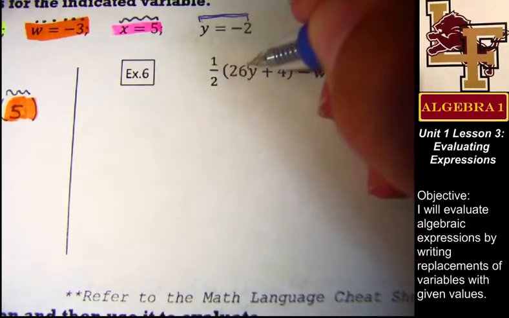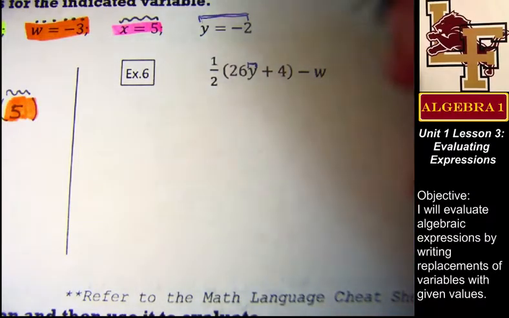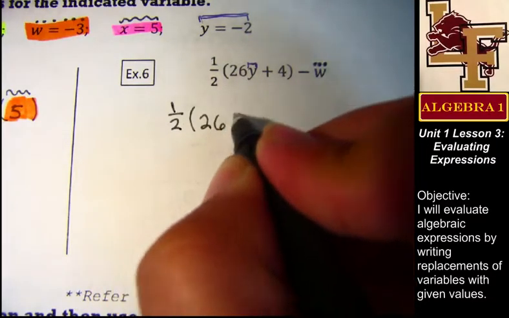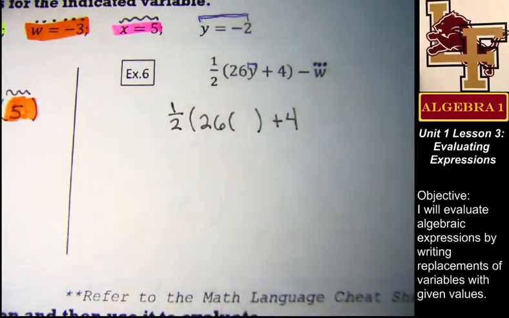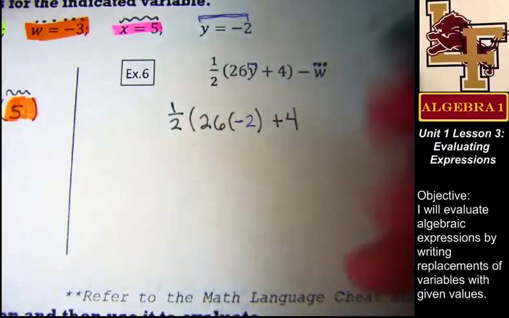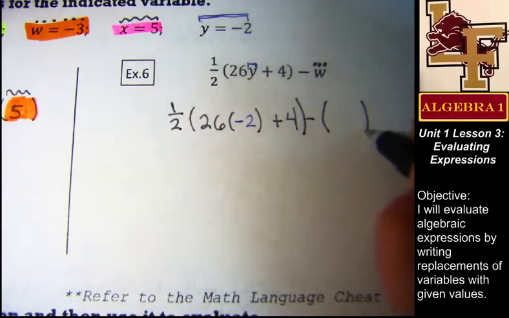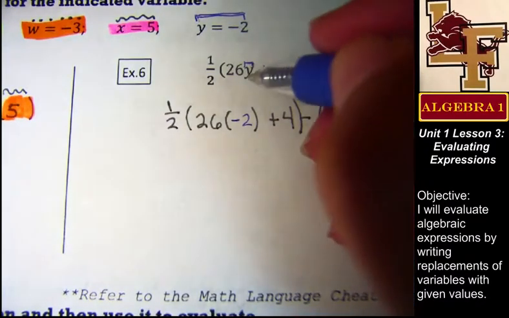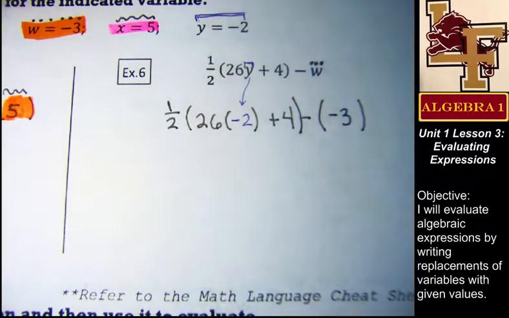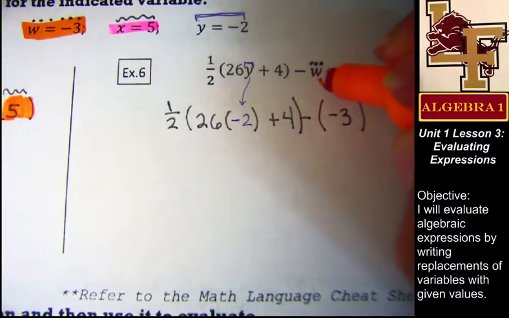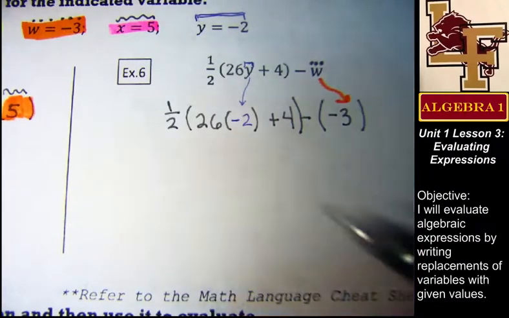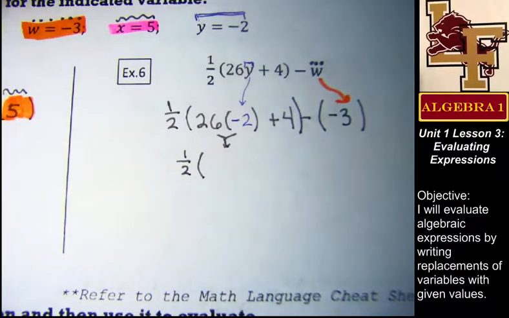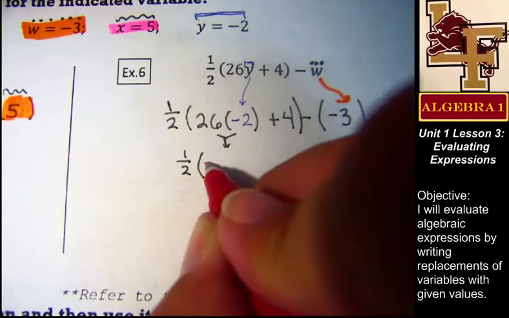I have a Y, and then I have a W. Okay, so here's my first variable, which is a Y. Here's my second variable, which is a W. Okay, so here was the Y, here was the W. All right, I'm going to deal with this in here first. 26 times negative 2 is negative 52.